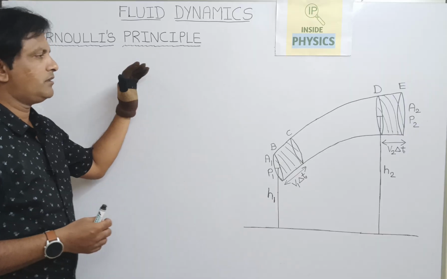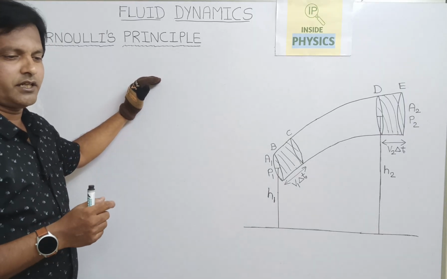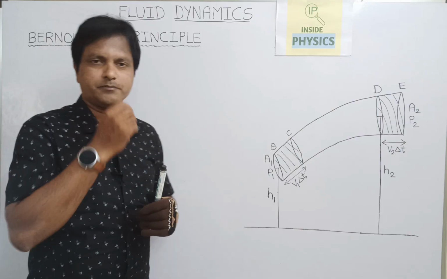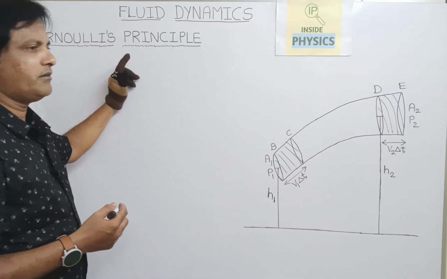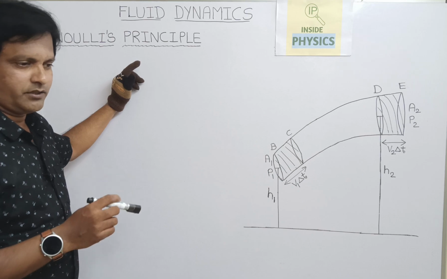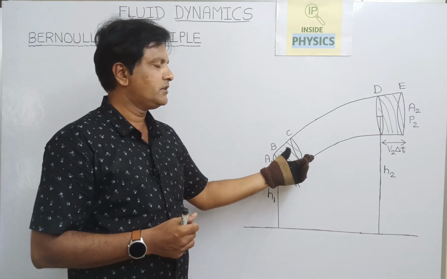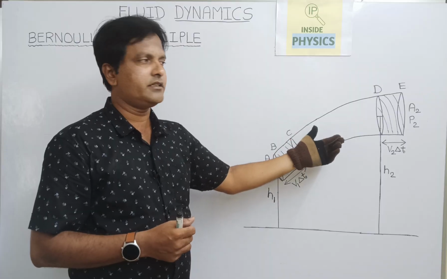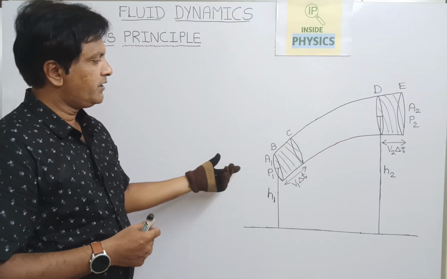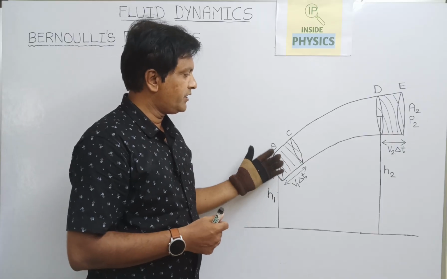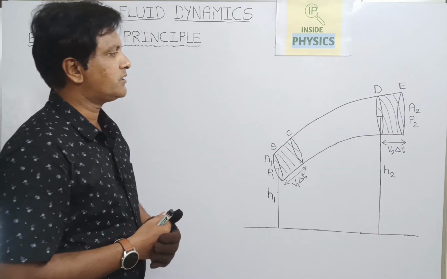Now what does the Bernoulli principle say? He is a Swiss scientist. The principle was proposed in 1738 by Daniel Bernoulli. According to him, there is a relation between pressure and the varying kinetic energy and the potential energy when an incompressible liquid is flowing through a pipe of varying cross sectional area.